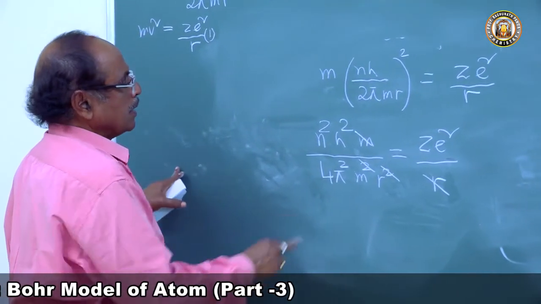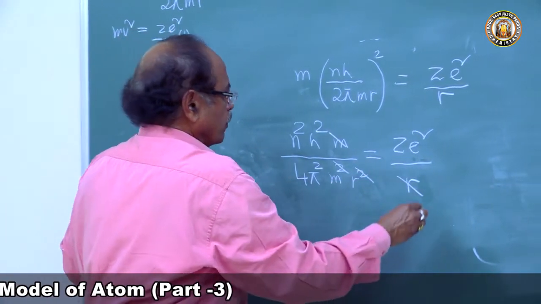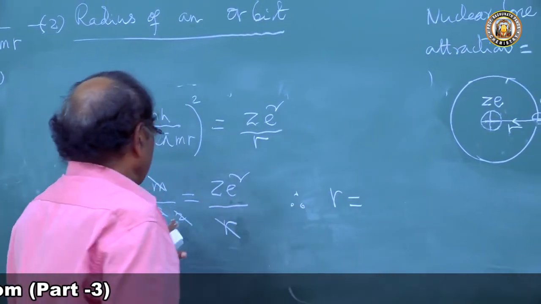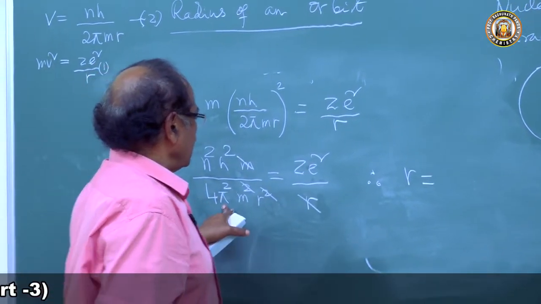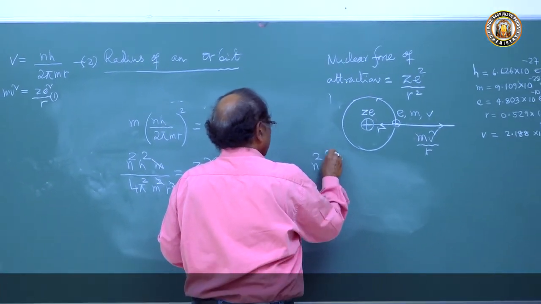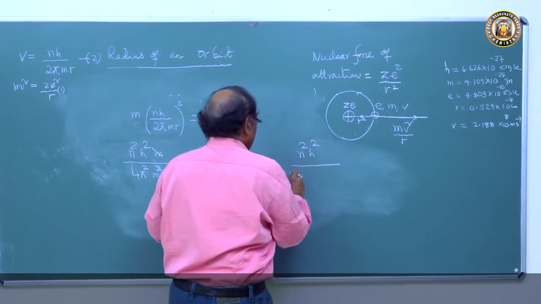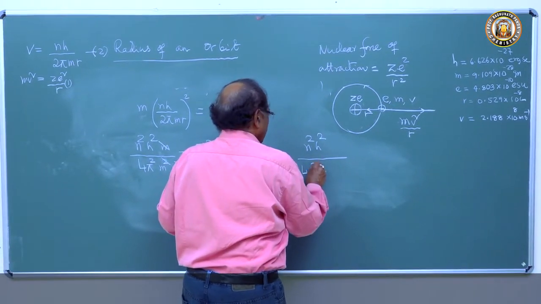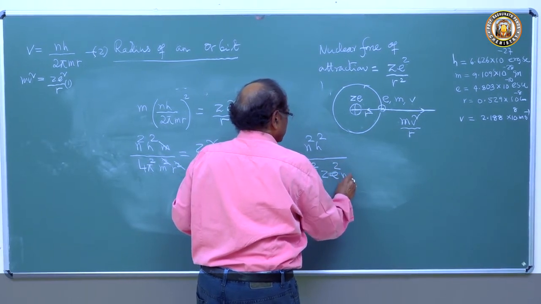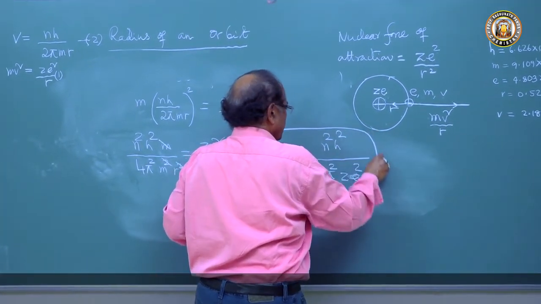So we get r equal to n square h square by 4 pi square z e square m. So this is our equation 3.